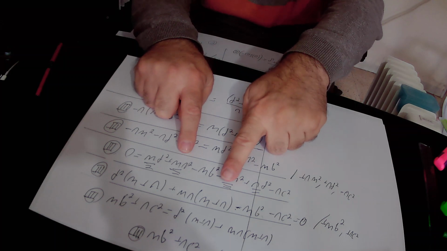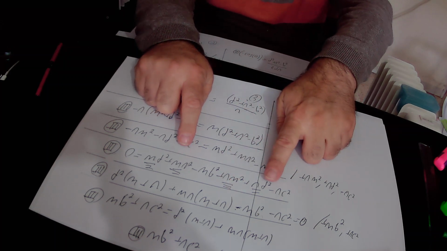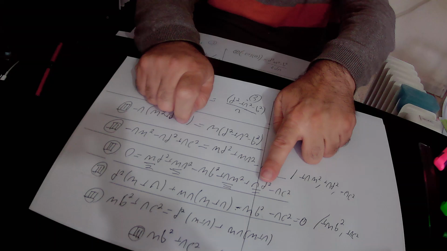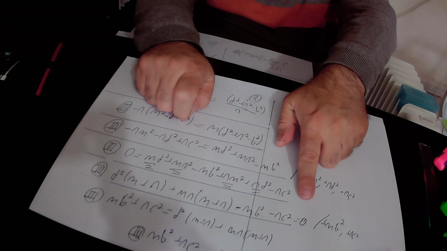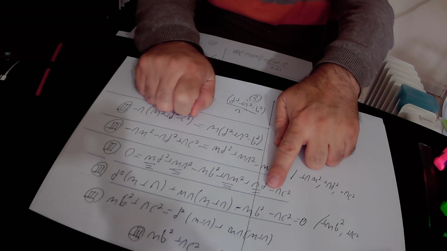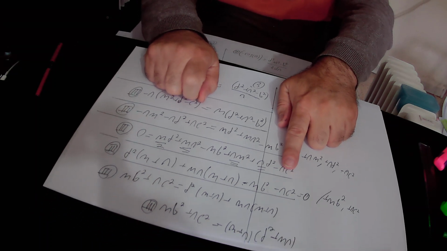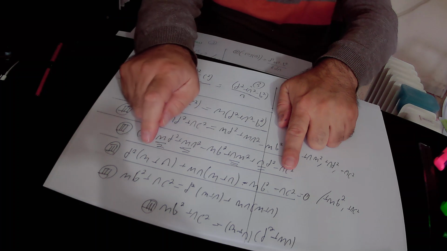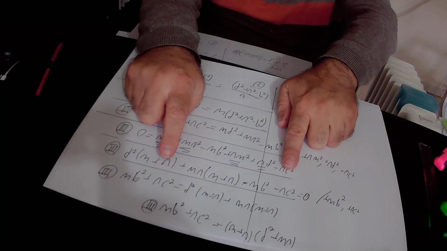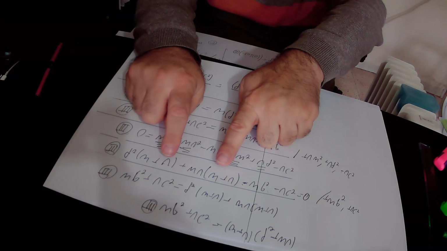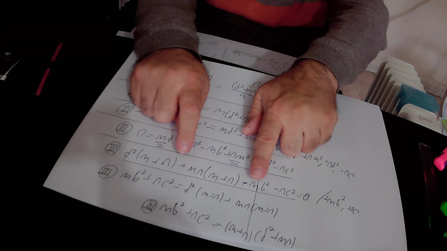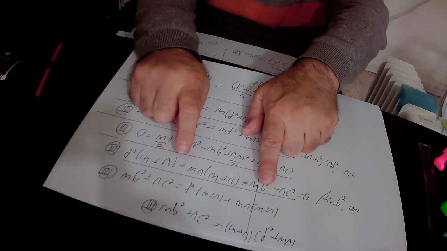So inside the brackets we are left only with m plus n, and it is equal to minus mb squared minus nc squared equals 0. So we added to this equation number 3 mb squared plus nc squared, and therefore we found out that mb squared plus nc squared equals d squared times m plus n plus mn times m plus n.